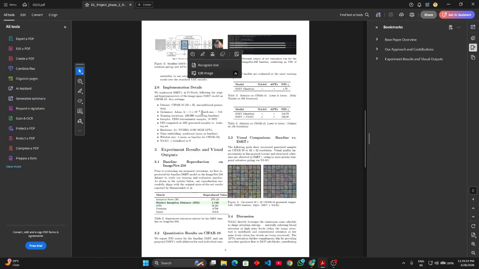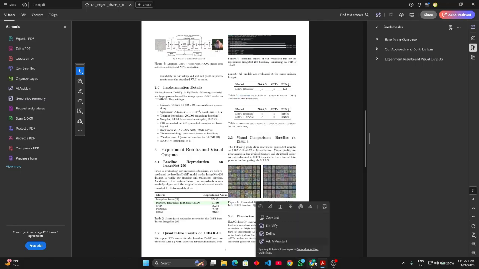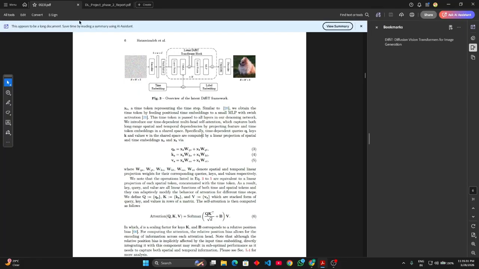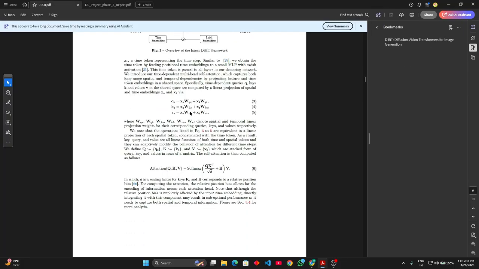Another thing that we introduce is the activation function. The previous paper uses the Swish activation function here.